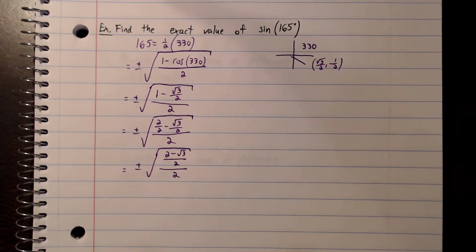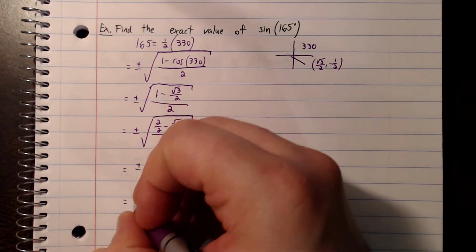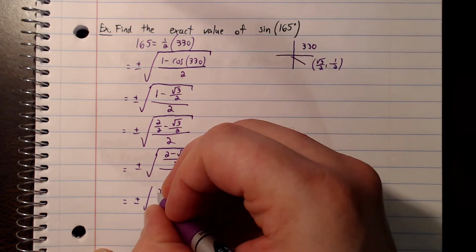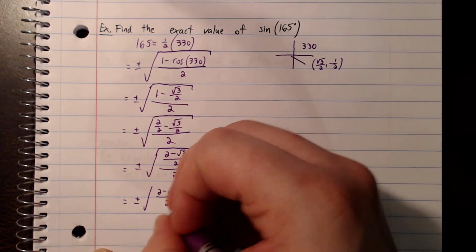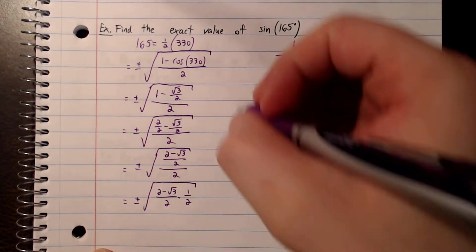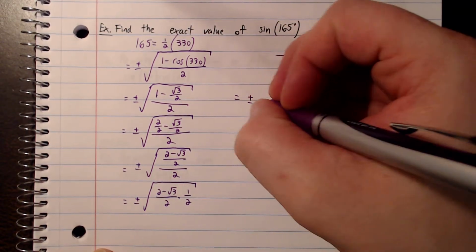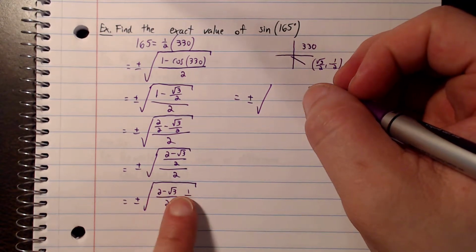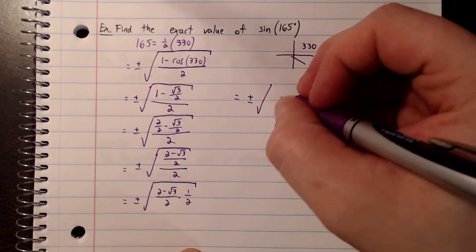Okay, it's getting a little bit simpler and simpler as we go along. Instead of dividing by 2, I'm going to multiply this top piece by the reciprocal of 2. So that's 1 over 2. Alright, so if I have something on top times 1, none of the stuff on top is going to change.